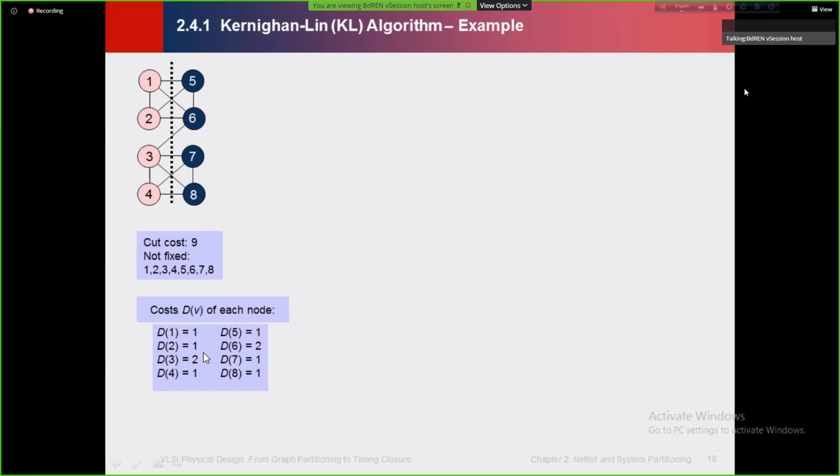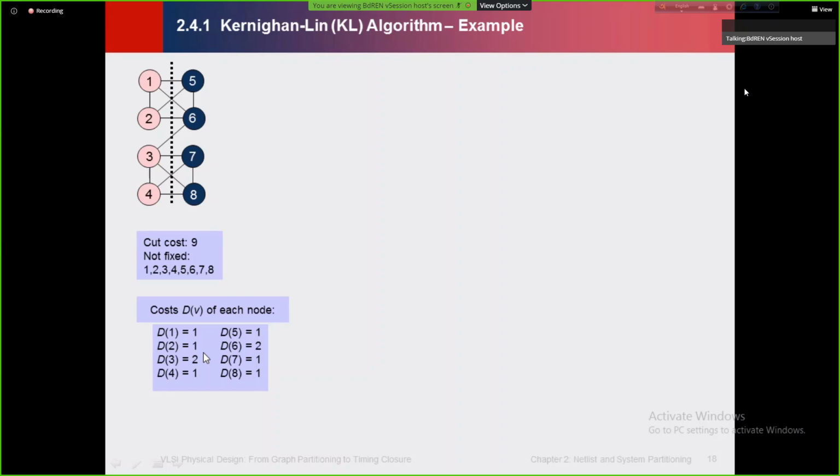Let's see if this is here. Okay, the calculation of gain is a different formula. Here, this is the formula for calculating the gain, delta G 3 5. Let's say we are swapping node 3 and 5, maybe node 3 and 6.